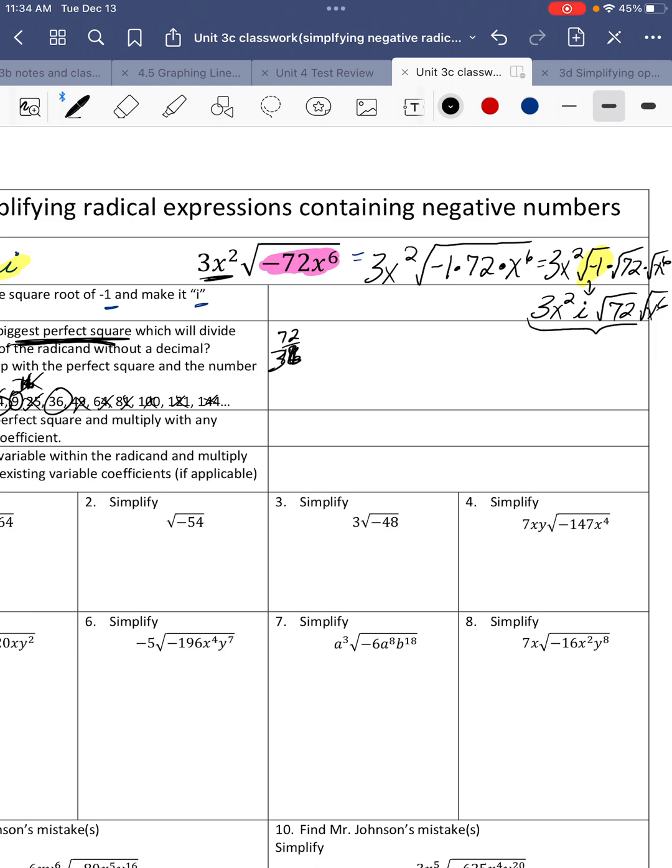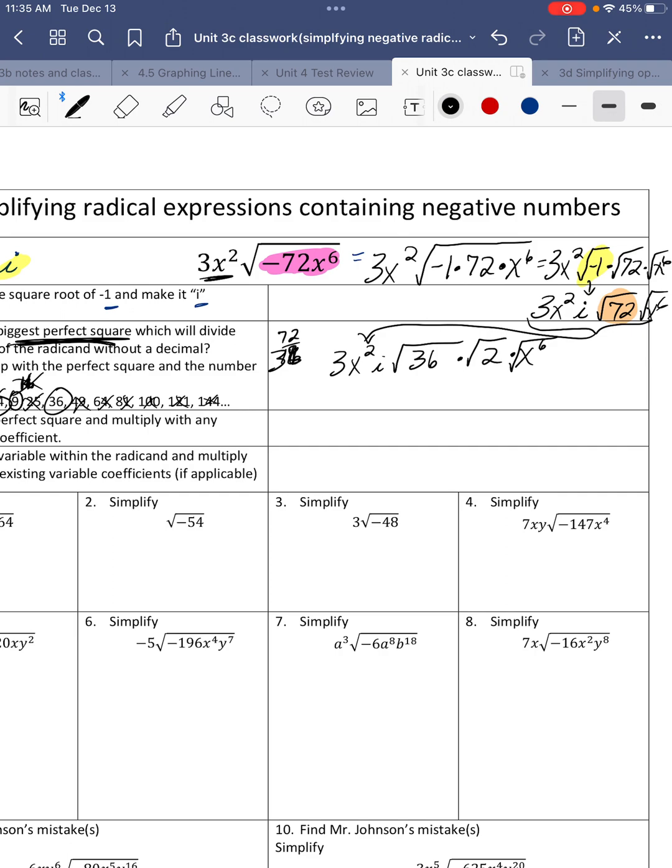So we're going to take the square root of 72. That's my concentration now. I'm going to break that into two different parts. So we have 3x squared i. The square root of 72 is going to get broken up into the square root of 36 times the square root of 2. 36 times 2 is 72. Hopefully you're following me. And then x to the 6th square root.